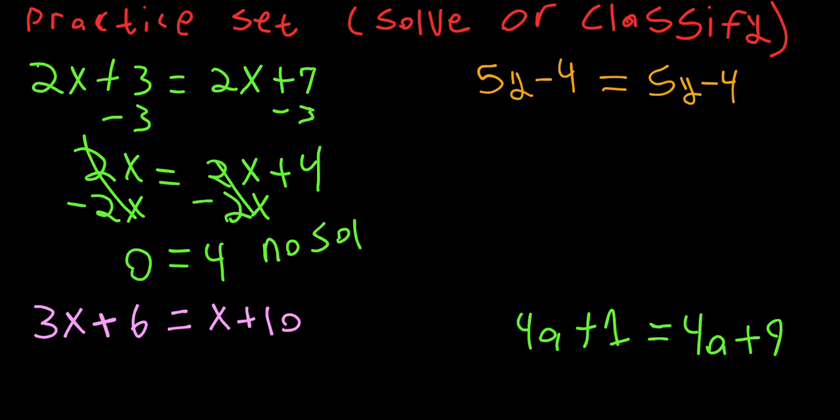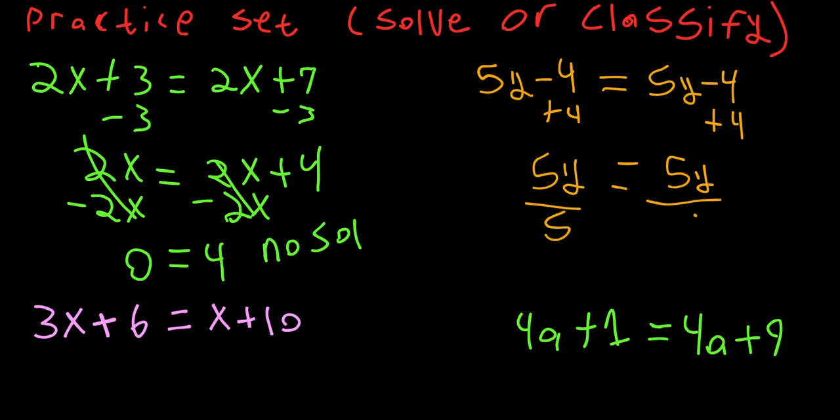Let's move over to orange, top right. Now there go those spidey senses again, but now it's double time because I'm seeing the same variable and the same constants. So I have a feeling this is going to be infinite solutions. But let's work with it and see what we get. Let's add 4 to both sides. We get 5y equals 5y. I already see that this is obviously true.